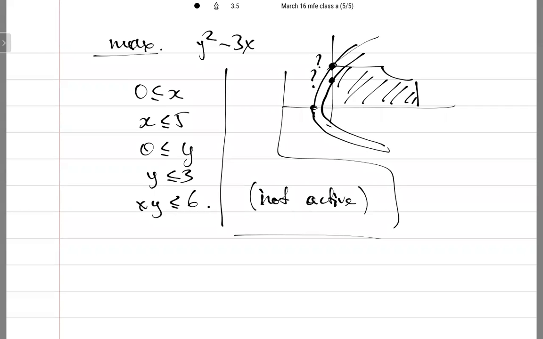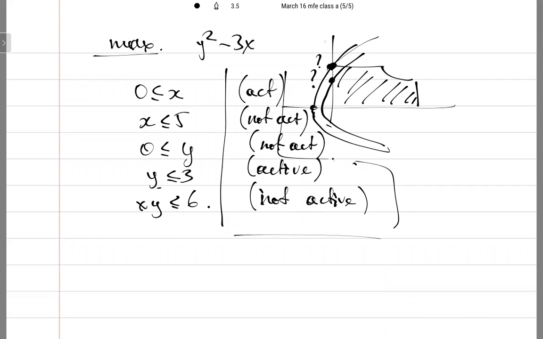Okay, I see that this is not active. No, sorry, this is active. This is active, this is not active. At my optimum A star, this is active, that is active, and all others are non-active.